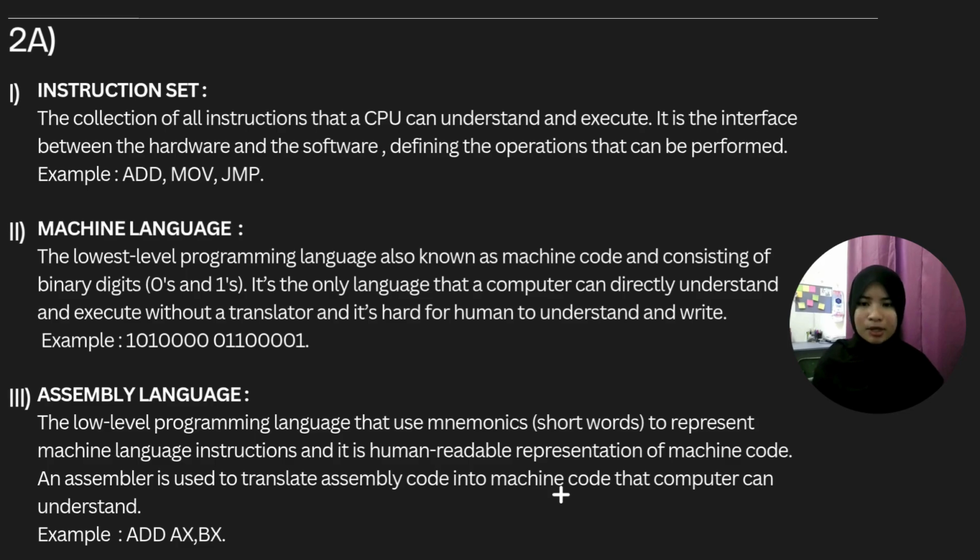Next, machine language. Machine language is the lowest level programming language, also known as machine code, consisting of binary digits 0 and 1.